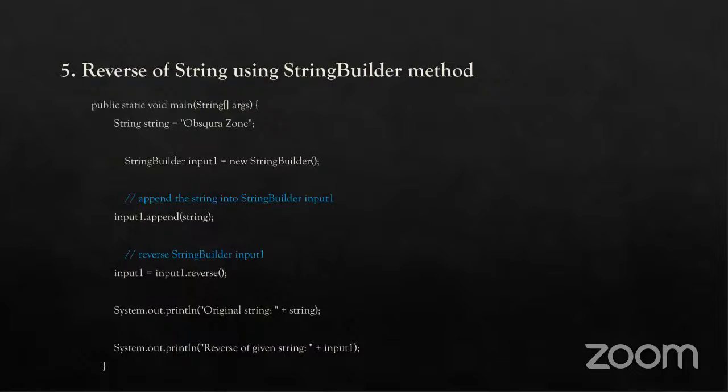So that's it, the StringBuilder reverse method. Just for printing the output, I am printing our original string, and the reverse of the given string is inside this input1. So these are the two methods, append method and reverse method, in the StringBuilder class.